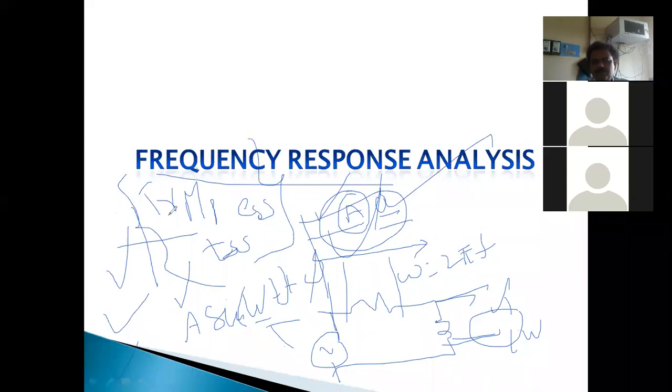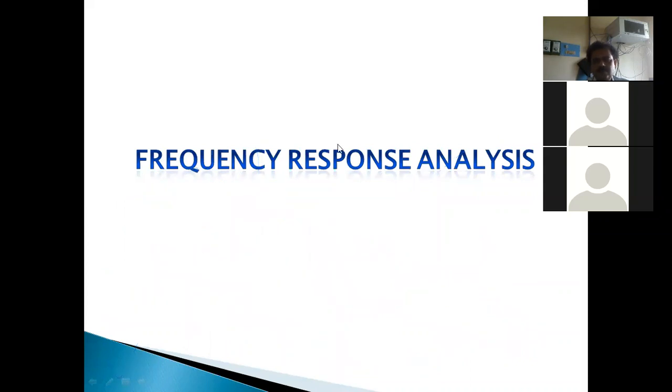Similarly, in frequency domain analysis, we have some frequency domain specifications. Using the frequency domain specifications, we can analyze a system. We'll discuss one by one in this chapter.